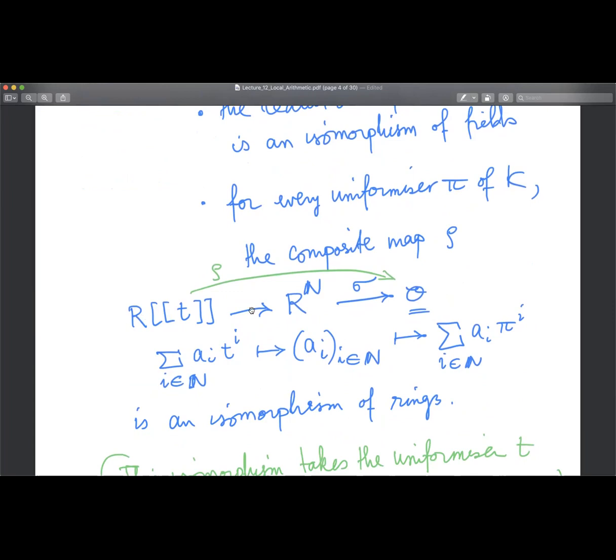This ring is in bijection with R^N, because what information does an element of this power series ring contain? It is just a sequence of elements of the field R, a sequence a_0, a_1, a_2, and so on. So this map is completely obvious: this power series being sent to the sequence of coefficients. And then I have this map sigma, which I've defined in general, which sends such a sequence to this summation where the uniformizer pi is fixed, right?